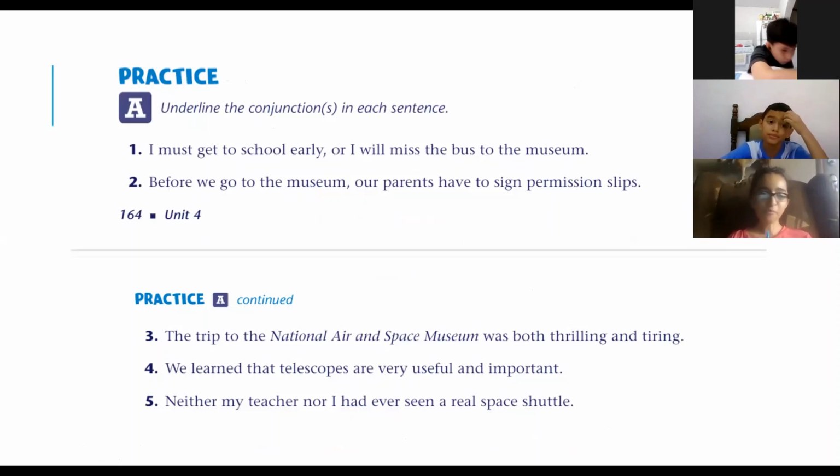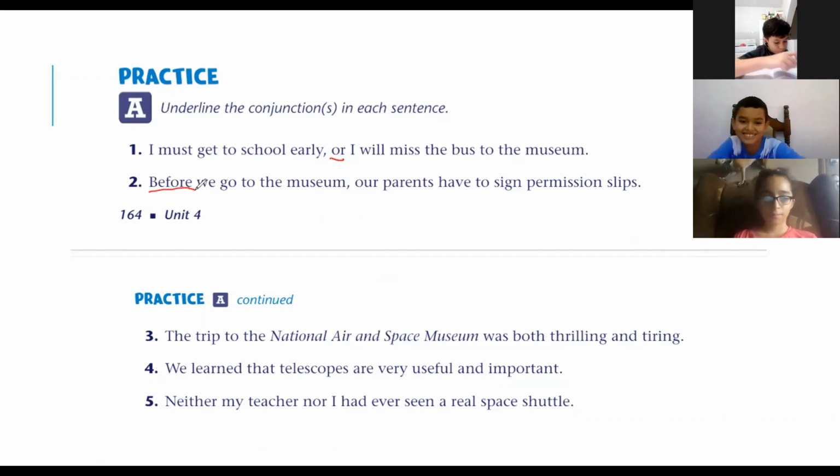No. So for the practice, you only had to underline the conjunction. For number 1, which one was the conjunction? Or. Okay, so or, good. For number 2, before. Yes, it is before. For number 3?